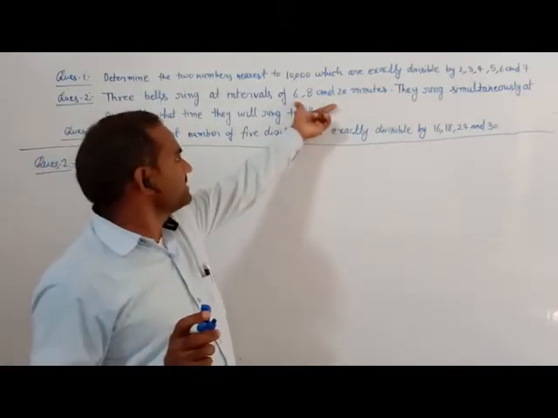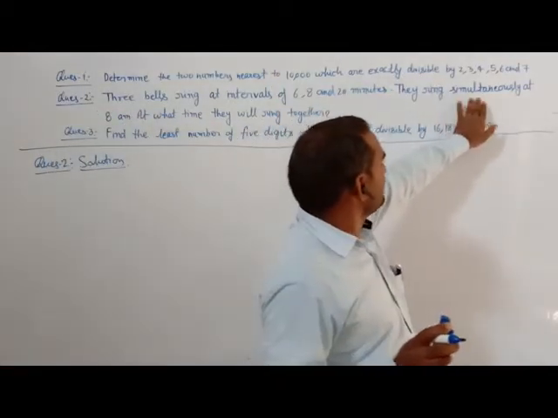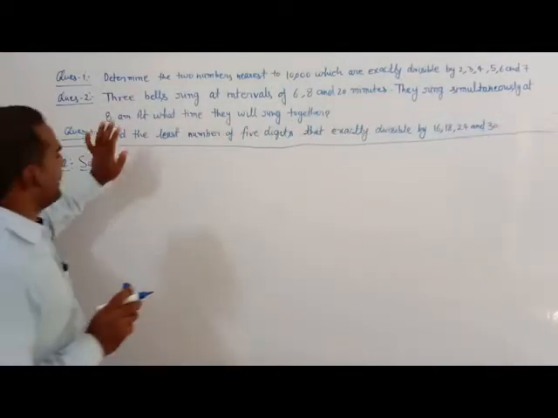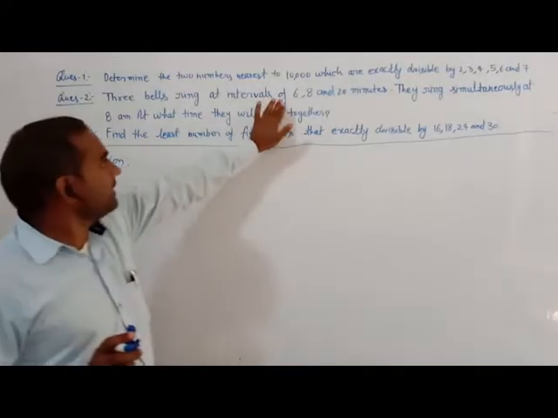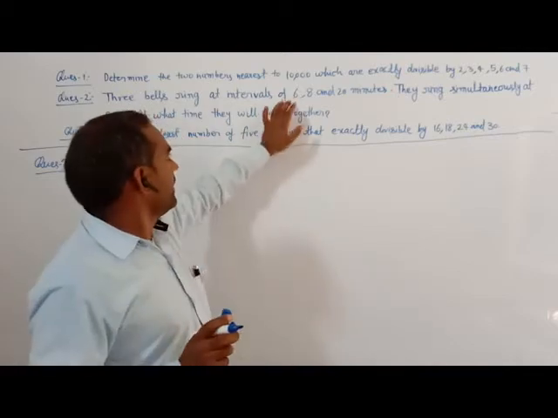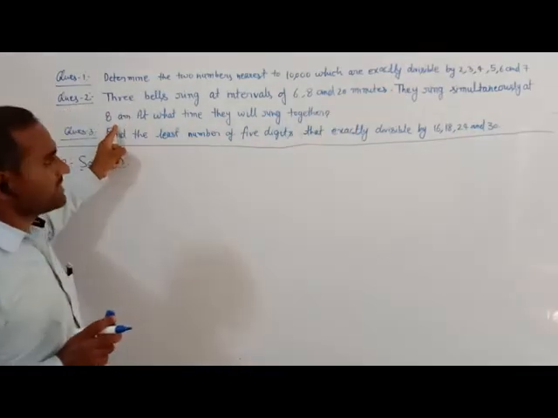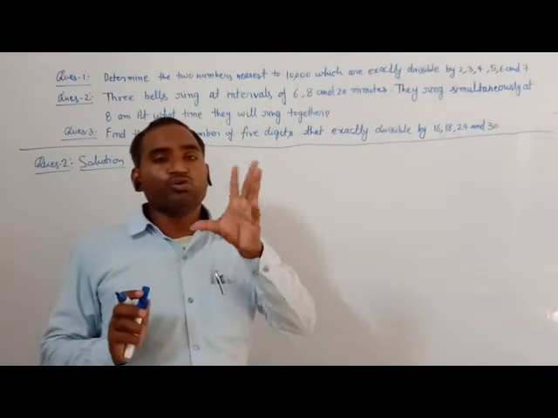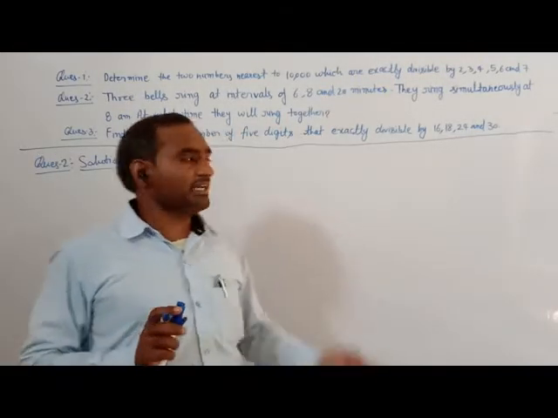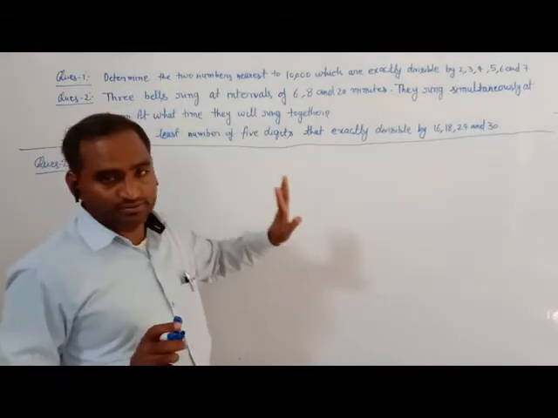These are the intervals of ringing the bells, and they ring simultaneously at 8 AM. Simultaneously means together, at the same time. At what time will they ring together?